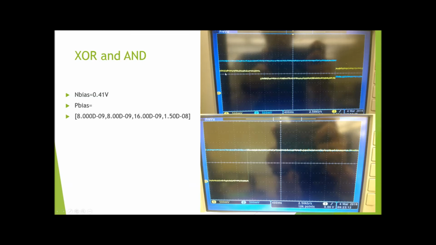For the XOR output, you can see for the first 0, 0 and the final 1, 1, it's all high. But for the 0, 1 and 1, 0 in the middle, it's low. And for the AND, the 0, 0, 0, 1, and 1, 0 cases are high, but for the last one, 1, 1, it is low, which is exactly what we want it to be.